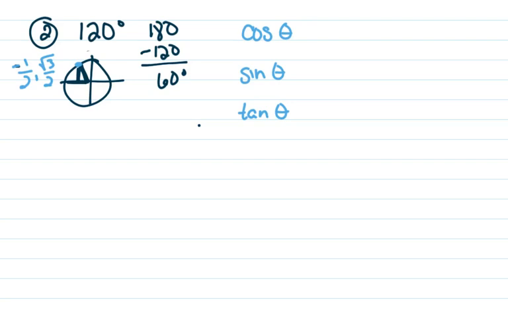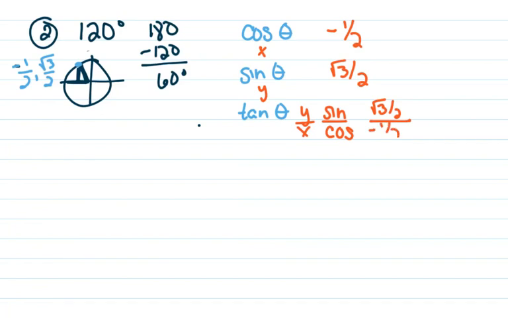Okay, and again, x, y, y over x, sine over cosine. I write this a lot just to help you guys remember. So cosine, we'd be at negative a half. Sine, we'd be at the square root of 3 over 2. And on this one, we'd have the square root of 3 over 2 over top of negative a half.